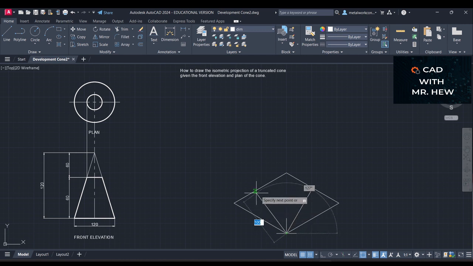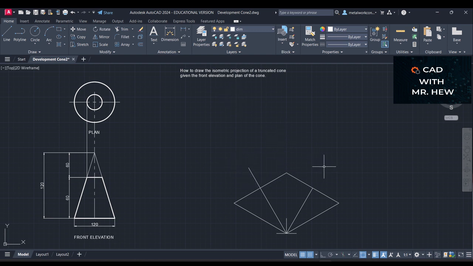What angle do you think that would be if we need it to be 60 degrees to the horizontal from the left hand side of the angle? How much did you get? 120? Good, 120 was correct.